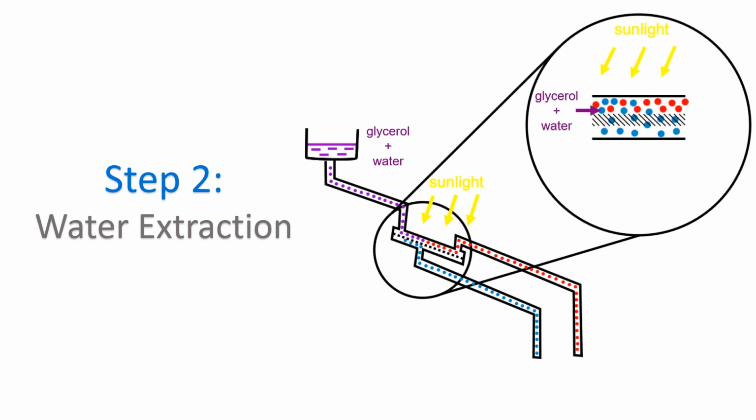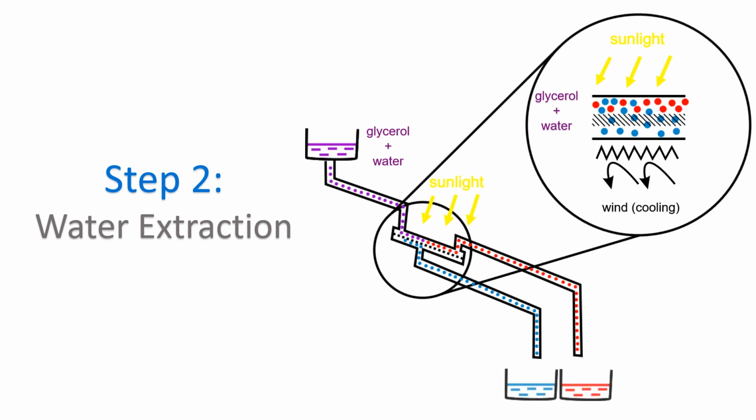In this enclosed module, the hydrated glycerol is heated by the sun, and the water absorbed by the glycerol evaporates through a water vapor permeable membrane, which only lets the water vapor pass through. This water vapor subsequently condenses to liquid water on the bottom layer of the module, which is cooled by the ambient air. The water then flows by gravity into a storage tank.